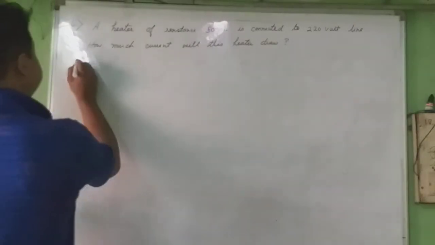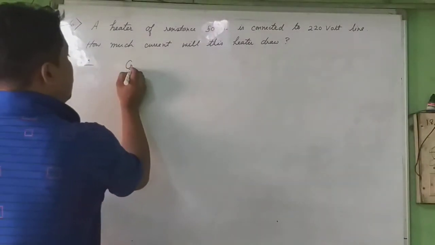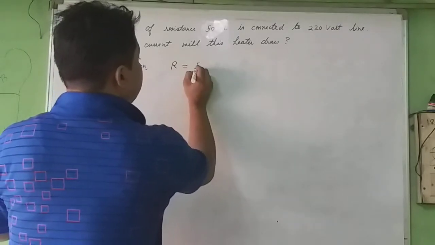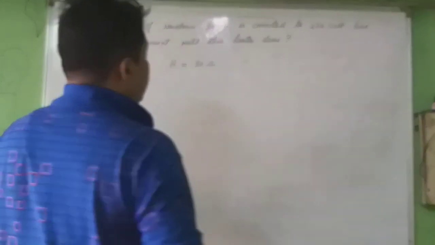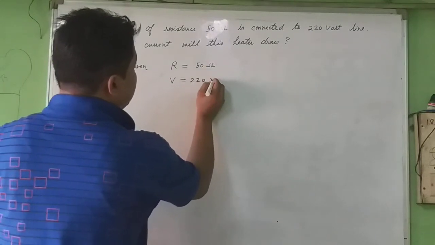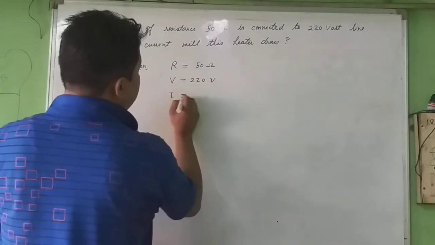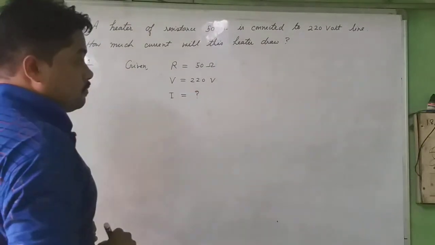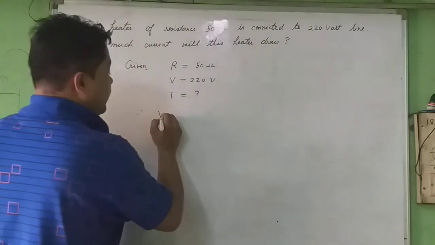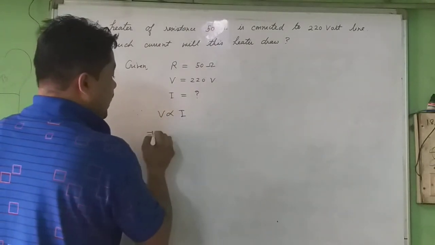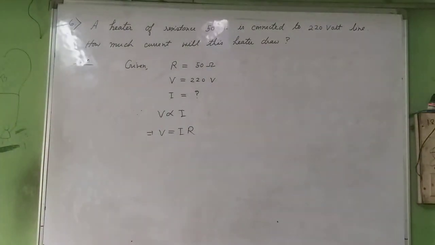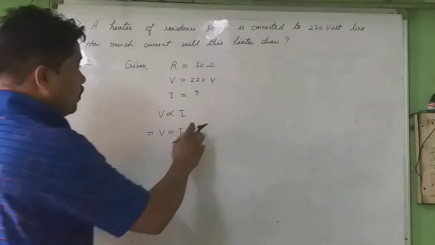So in this question, given resistance R is 50 ohm, voltage V is 220 volt, and current I is the question mark. So we know that V is directly proportional to current and V is equal to IR, where R is the resistance of the heater.